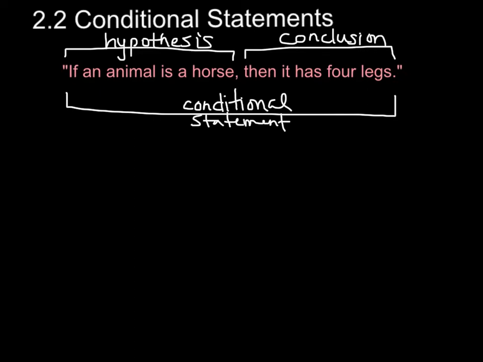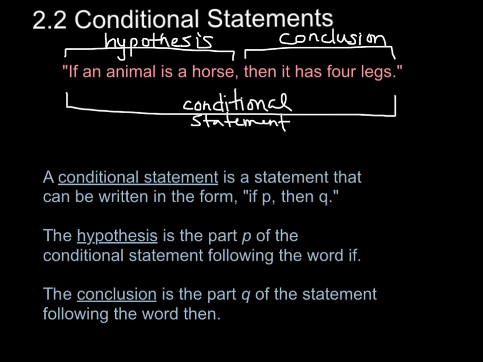So let's rewrite your 3 vocab words. All right. A conditional statement is a statement that can be written in the form if P then Q. So if it's if-then, you have a conditional statement. Now something else, you're going to see this. It's the same thing if you see this: lowercase p, arrow, lowercase q.